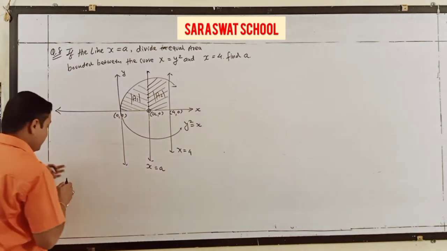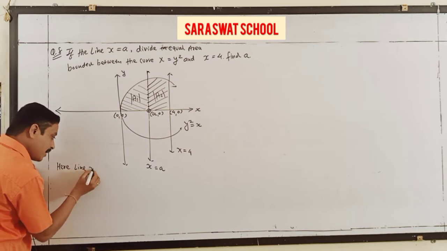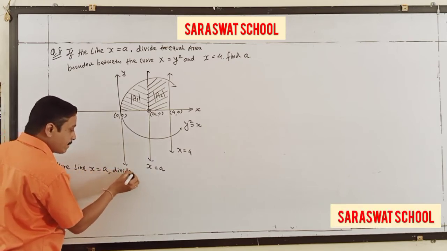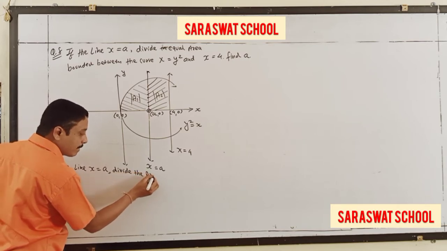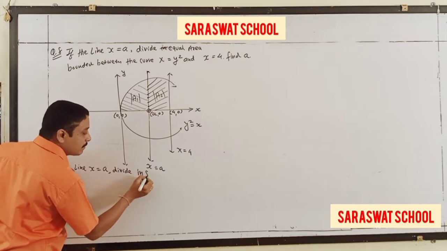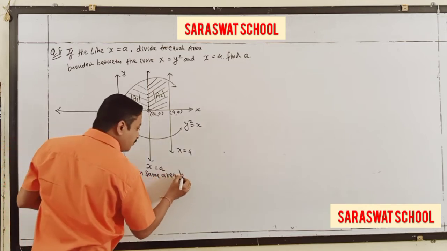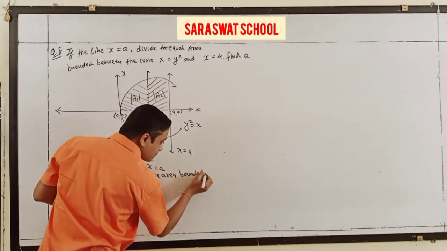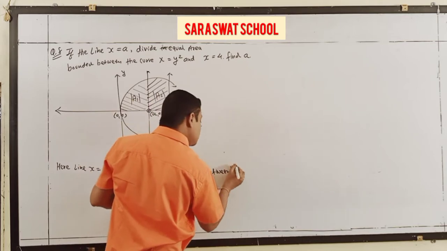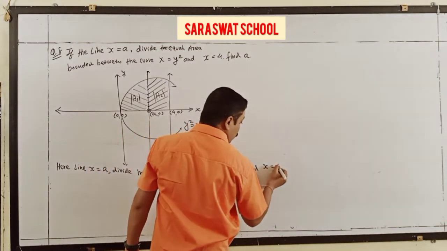Yes, here the line x is equal to a divides the area into the same area, bounded between the parabola y square is equal to x and x is equal to 4.